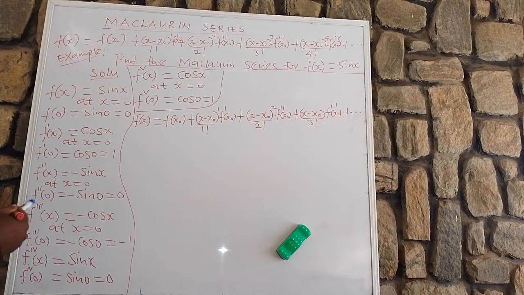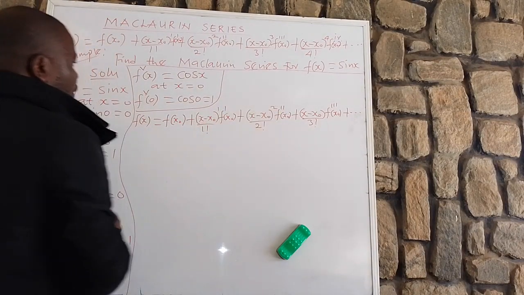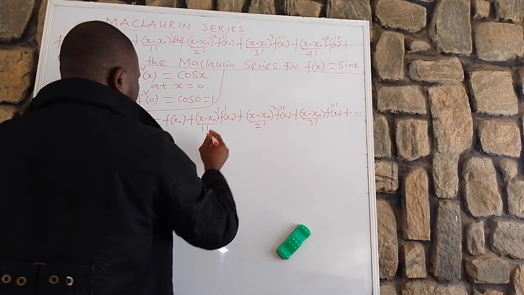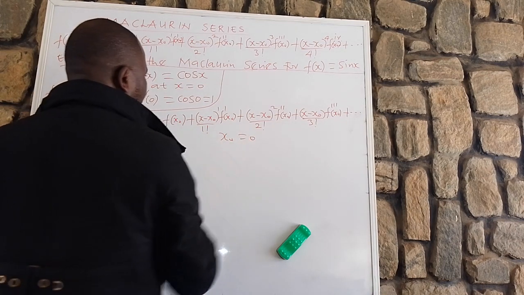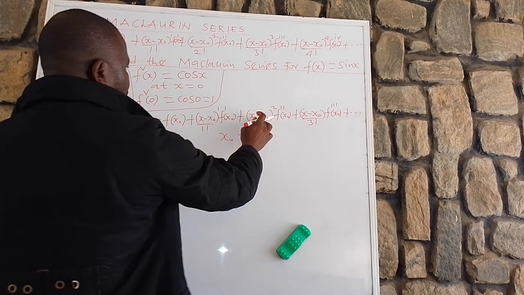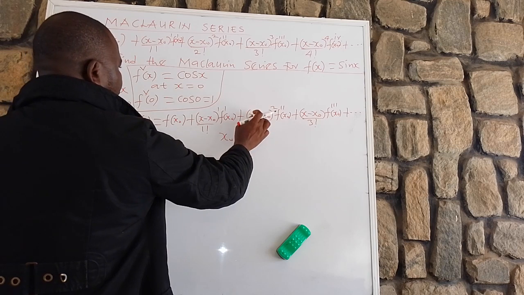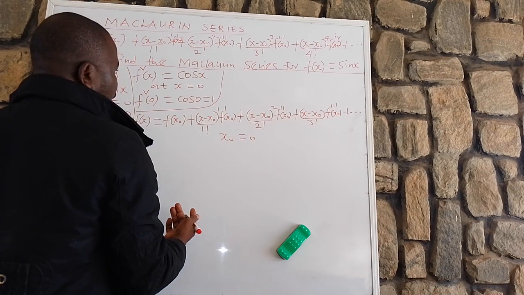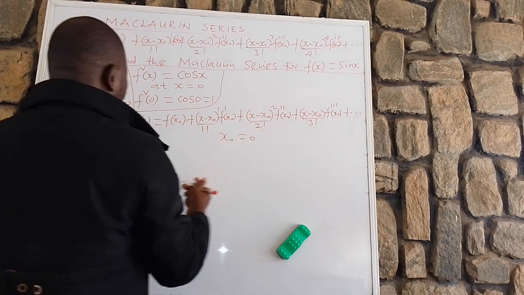So now with this we can substitute in. This x naught, I told you, x naught means 0. So if you substitute in 0 here, here will be x, isn't it?